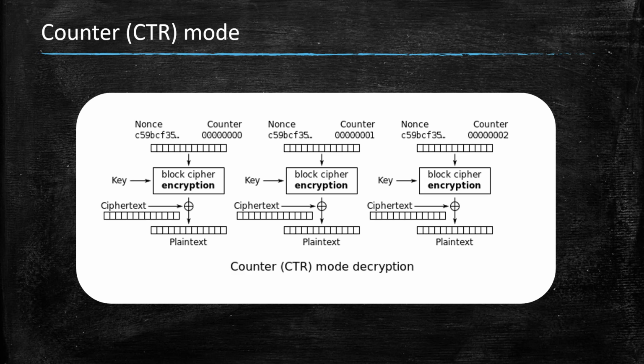Interestingly, this means that you never use the block cipher in decryption mode, because even for decryption in the counter mode, you need to use it in encryption mode. Which means that you have to recreate the key stream just the same way you created it for the encryption. Again, you can see in more detail that this was exactly what we dealt with in the stream cipher chapter. And that's all for this time.